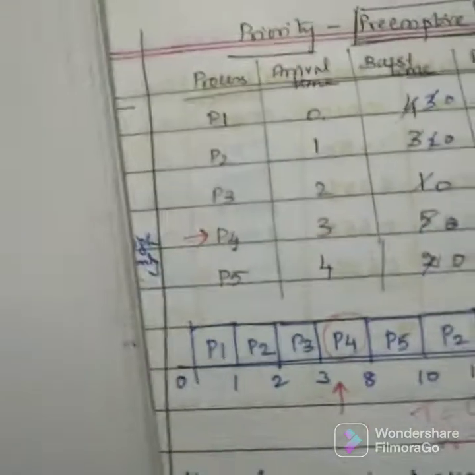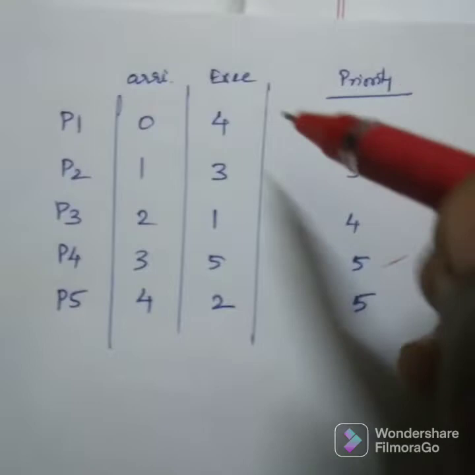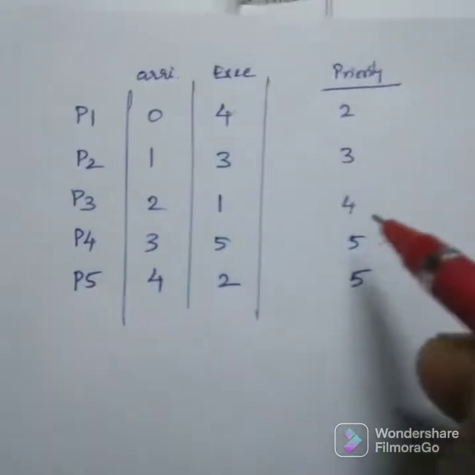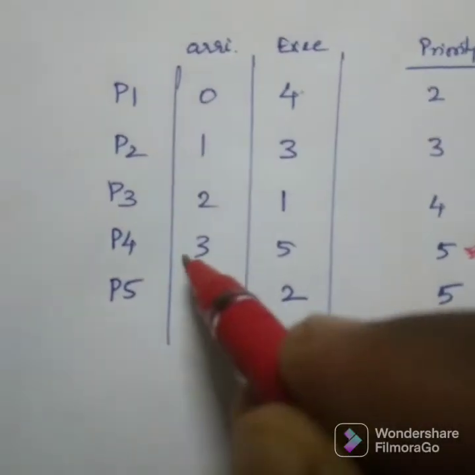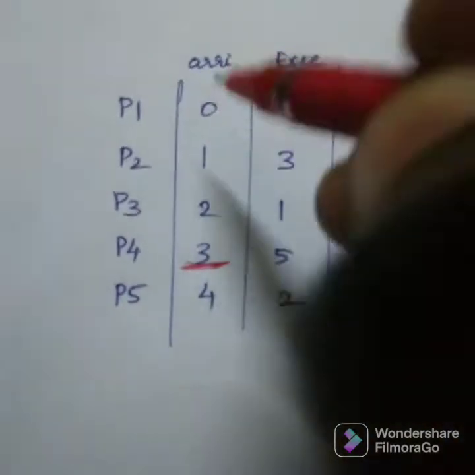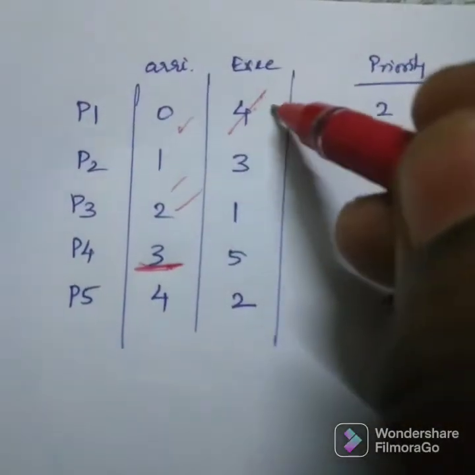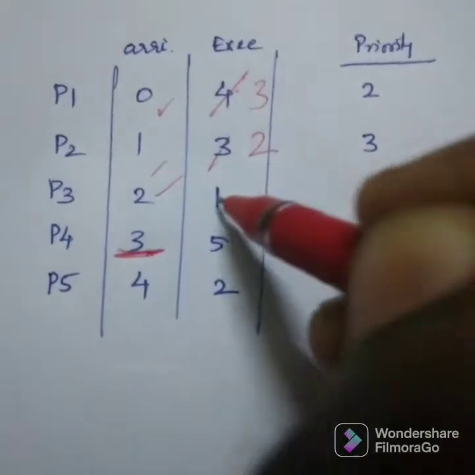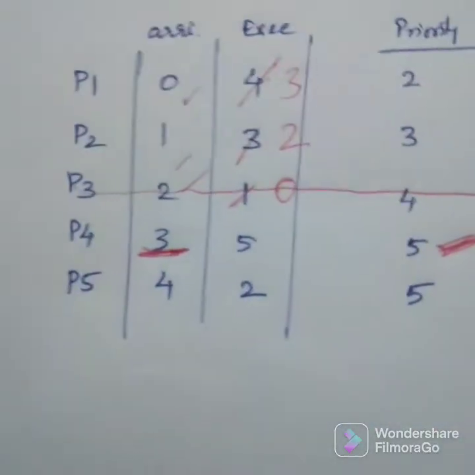This is the preemptive one, the same example. First this process is coming. P4 has the highest priority, so until 3, we can execute these 3. This will be executed once, this once, and this once, and it is getting over, so we are striking it off.